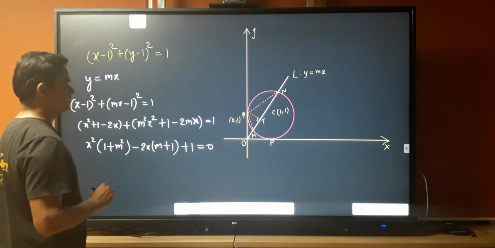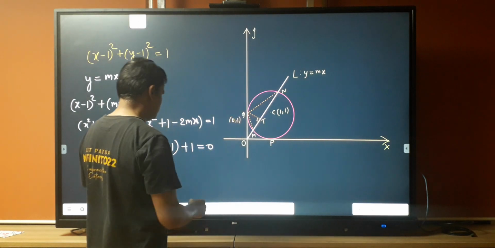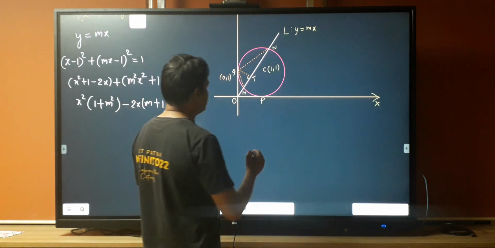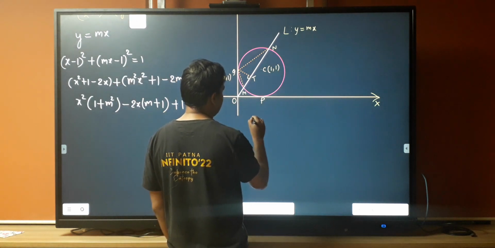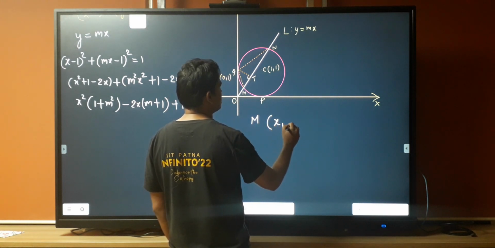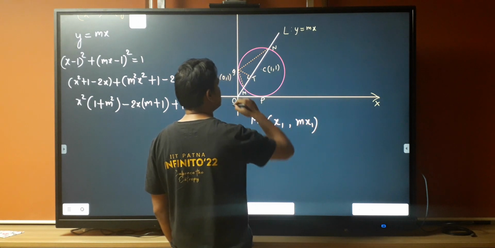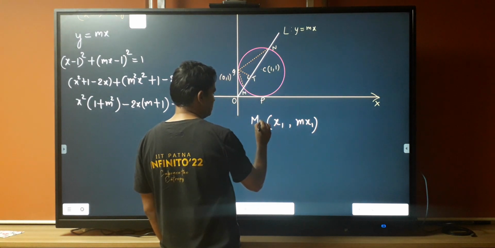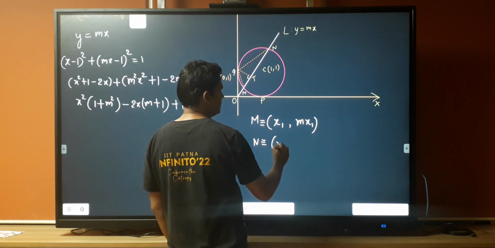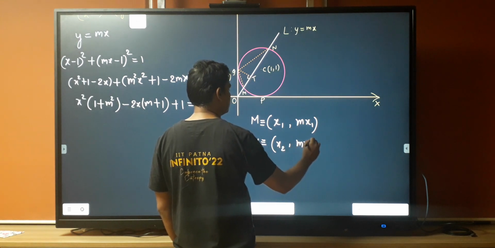This is a quadratic, and from it I can find the length of MN. First let us talk about the coordinates of M. If M has x coordinate x1, the y coordinate will be mx1, because these lie on the line y equals mx. For N, the x coordinate is x2 and the y coordinate is mx2.